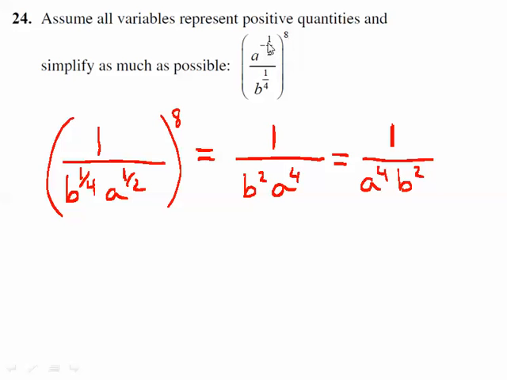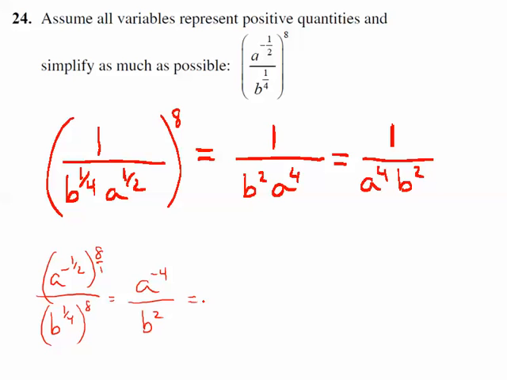Another way to do it is to multiply that 8 into each of these pieces here. So that would be a negative 4 here. This would be a positive 2. Let's actually try it. Let me show you how that works. So that would be this to the 8th. That would give you a to the negative 4. That would give you b to the 2nd.